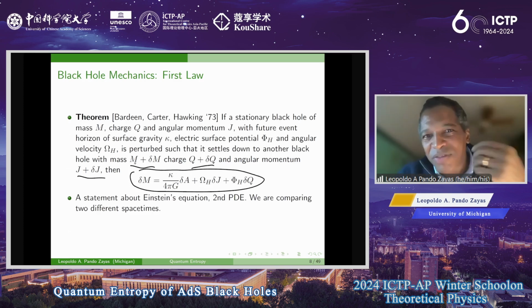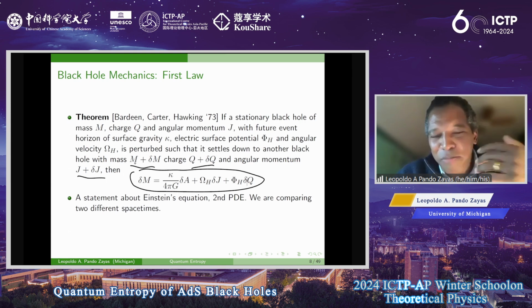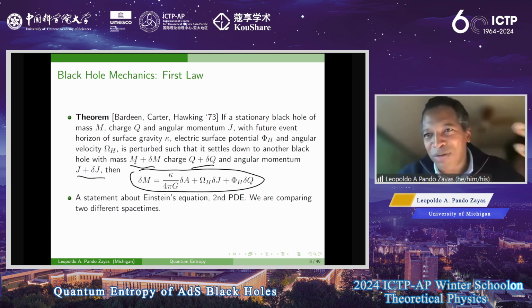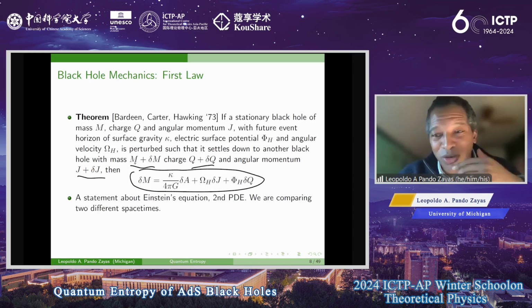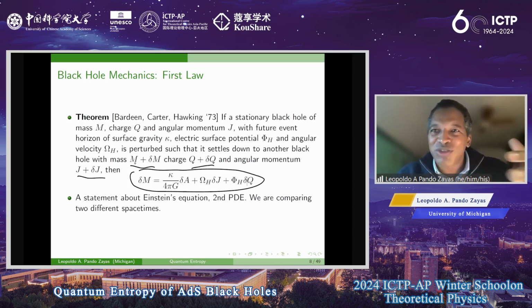Now, this statement of the first law is a statement about PDEs. I have a solution to some second order PDEs, and this relates two solutions: a solution with mass m and a solution with mass m plus delta m.